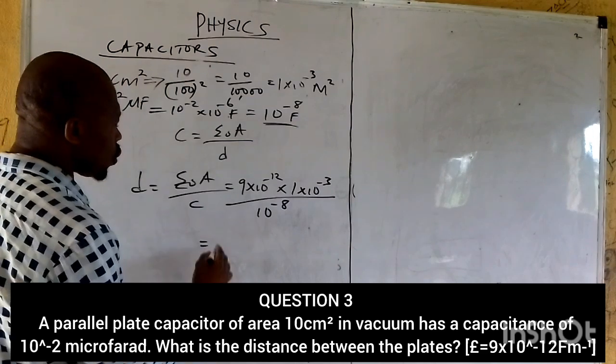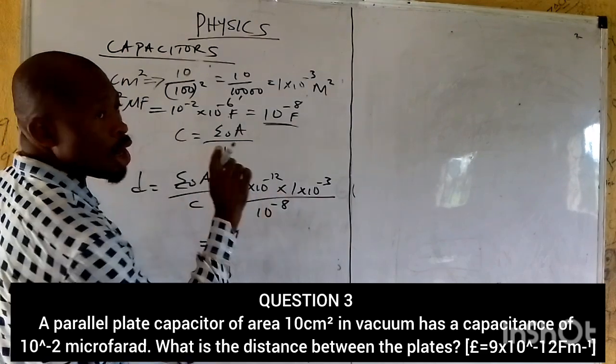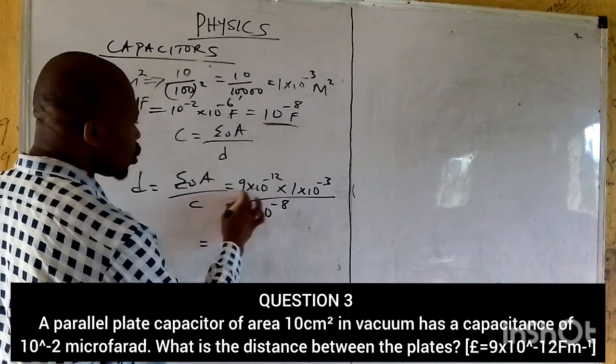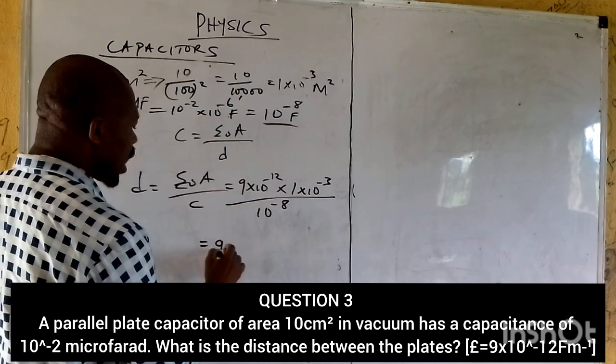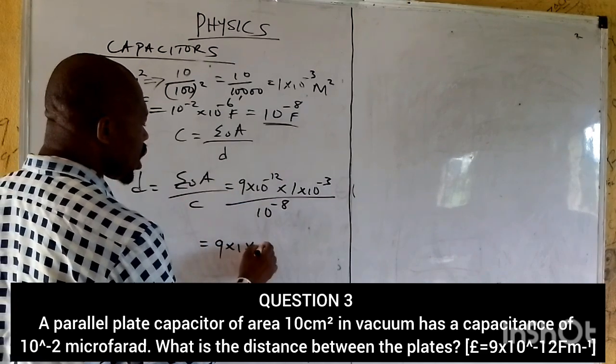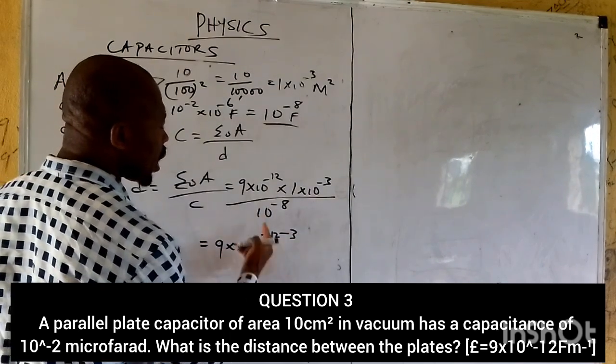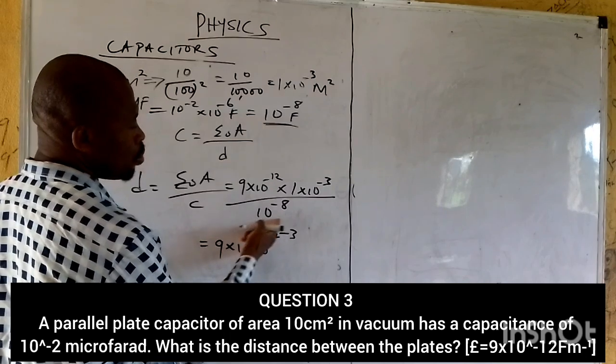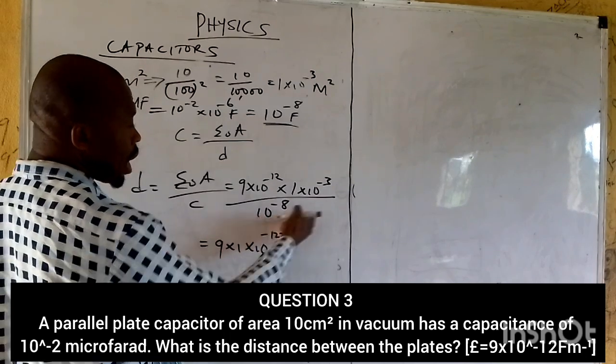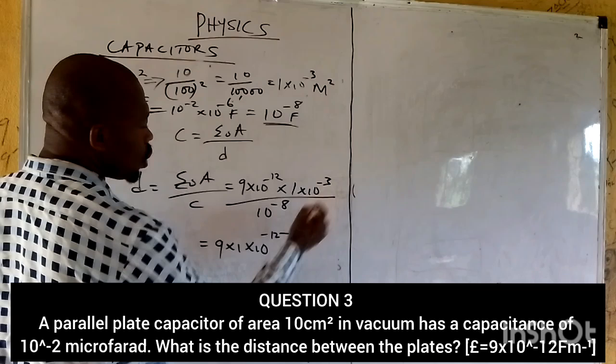Now, we multiply all the bases. 9 times 1 will give us 9. So 9 times 1 times 10 raised to the power minus 12, and this one is already there, minus 3. Now, this one, because it is an index number, you can take it up.